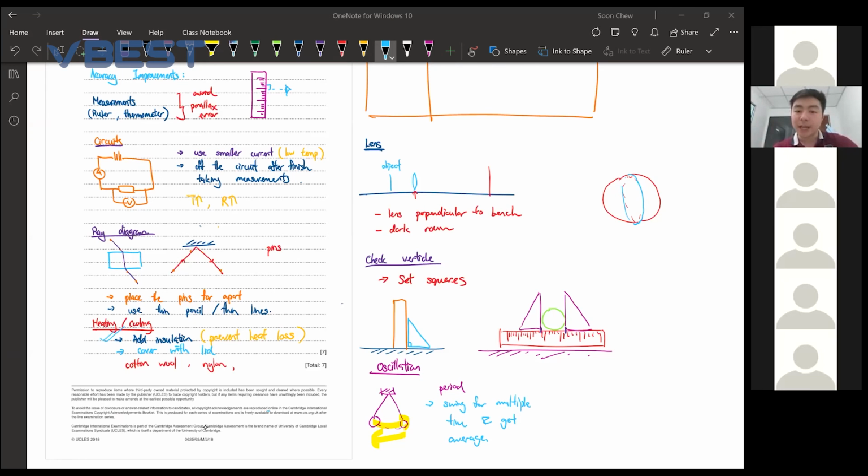What is used to measure diameter? Okay, measuring diameter for small items, right? You got your vernier calipers. Vernier calipers is the instrument we use to measure something small, like a ping pong ball or those stuff.